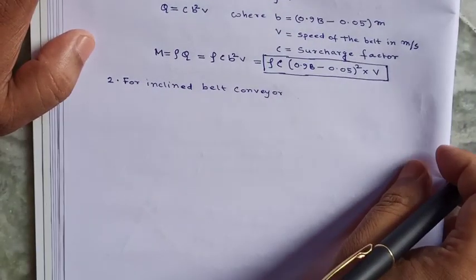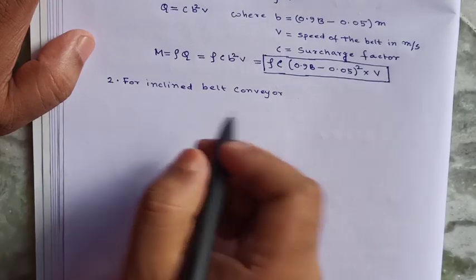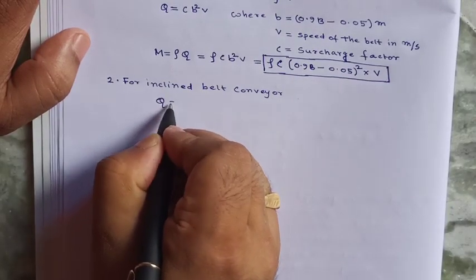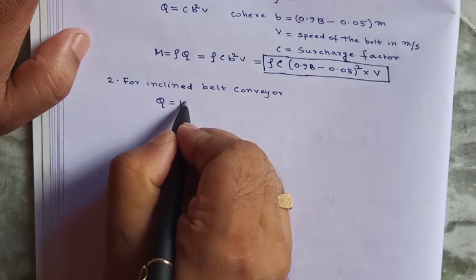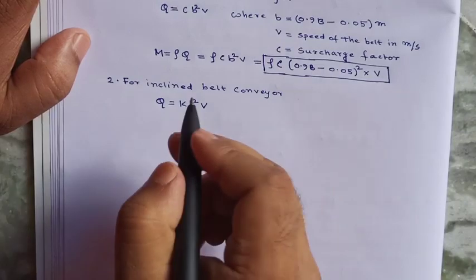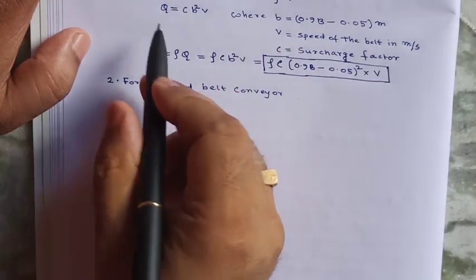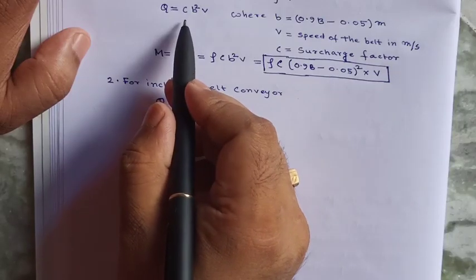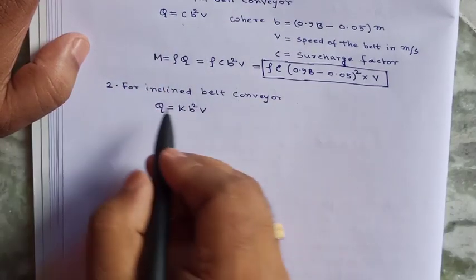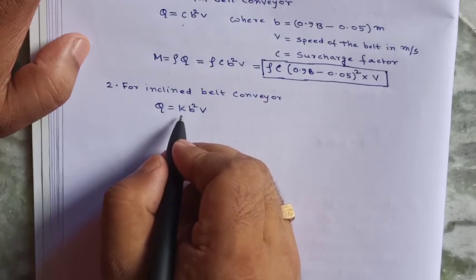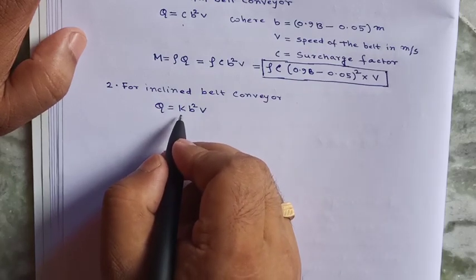The formula for incline belt conveyor is Q equals KB square into V. In case of horizontal belt conveyor, we have to multiply with the surcharge factor, but in case of incline belt conveyor, we have to use this K factor.